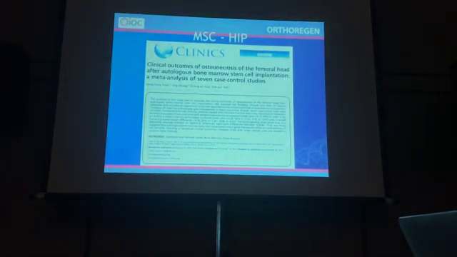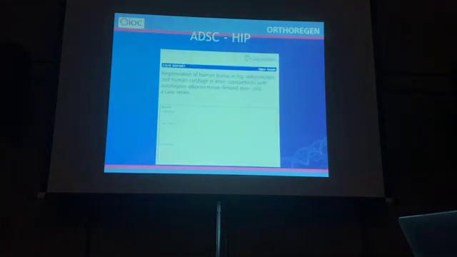Well, this is just to tell you that there are some other meta-analyses or systematic reviews in the literature. This is a Chinese paper that looked inside the literature for 7 other papers, showing somehow good results.